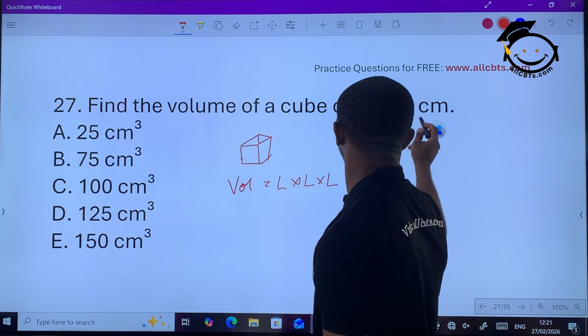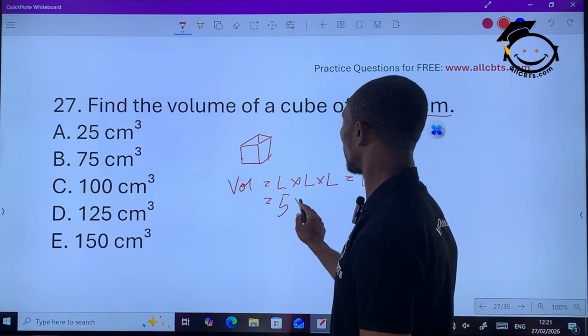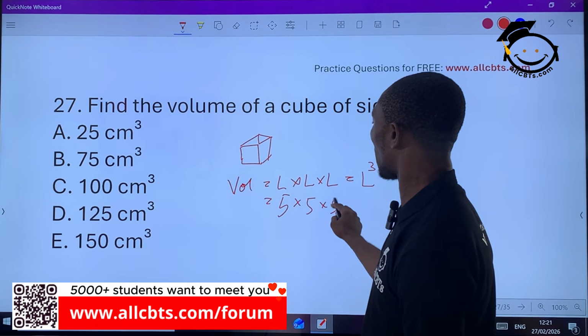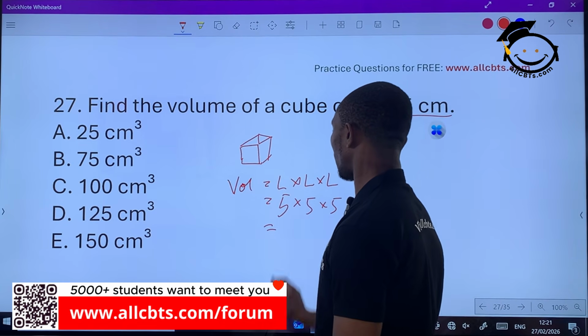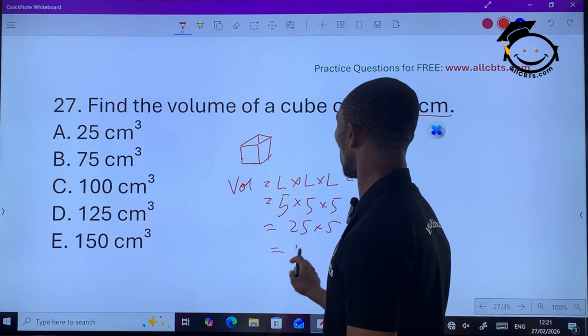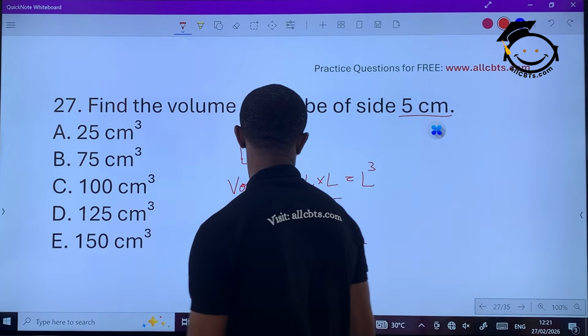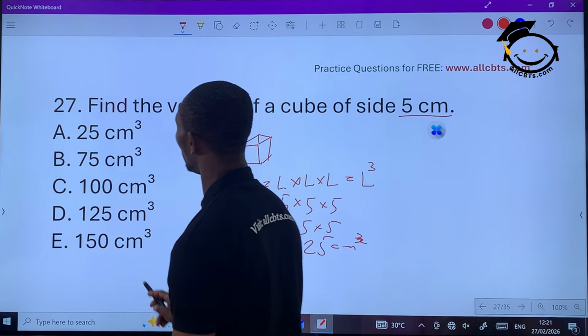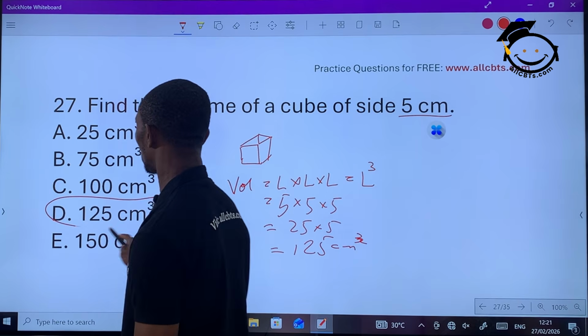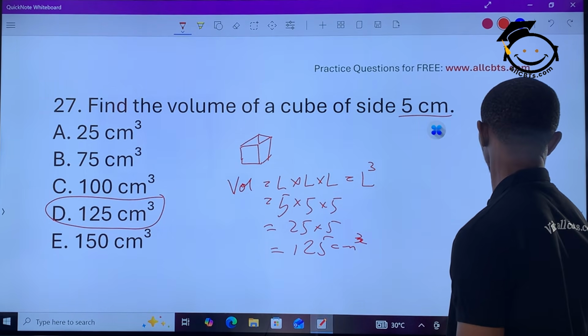Here we are told that the side is 5 cm. So this becomes 5 times 5 times 5, which is 25 times 5, giving us 125 centimeters cubed for volume.